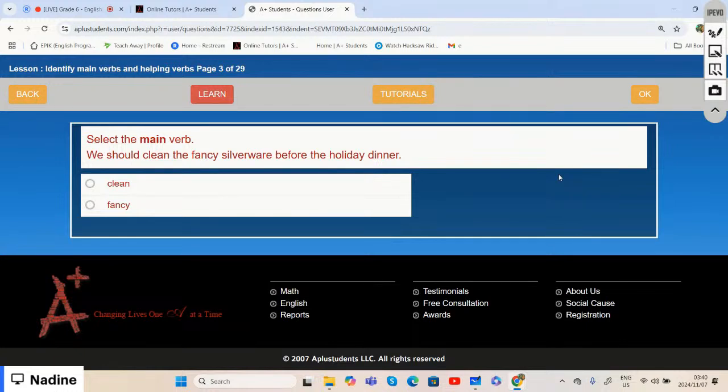Right, and if we were to select our main verb, then clean is our main verb. So well done.